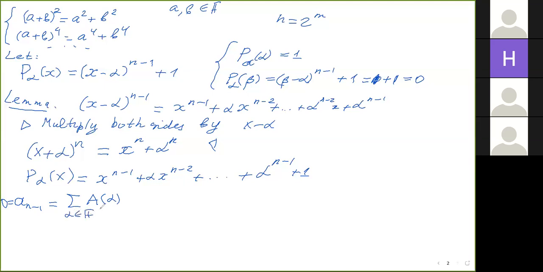So the requirement that the leading coefficient is 0 means a linear equality. Actually, this is a linear equality over F2 because all A of alpha are assumed to be 0 and 1. And this equality reduces the dimension by 1.